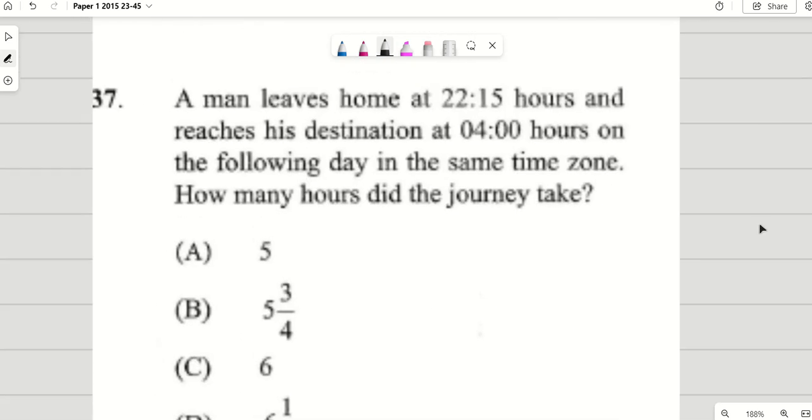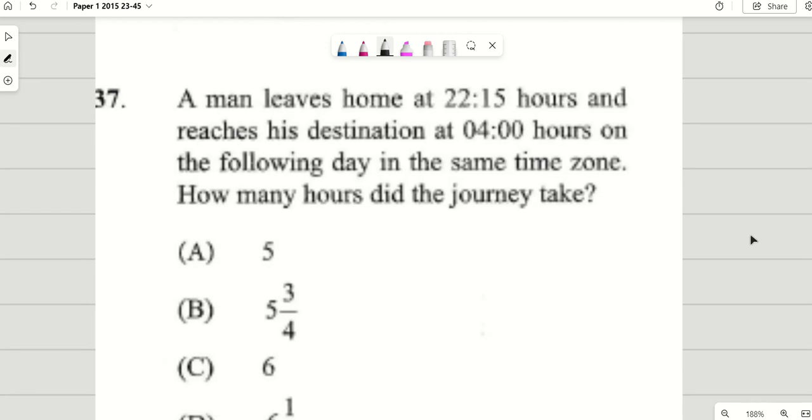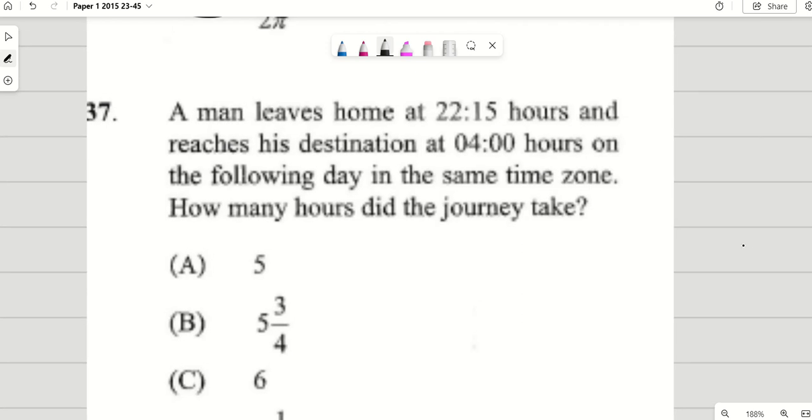Right, a man leaves home at 22:15 hours and reaches his destination at 4:00 on the following day in the same time zone. How many hours did his journey take? So first off, 22:15 is equal to 10:15 p.m. and he reaches 4 a.m., right?